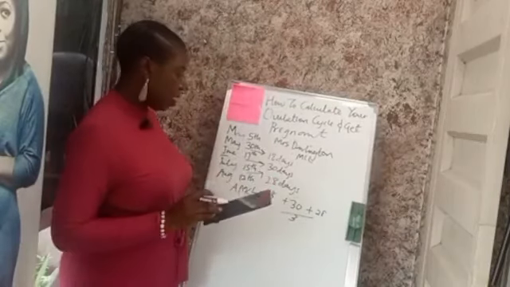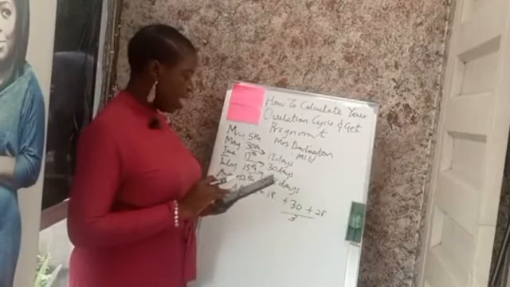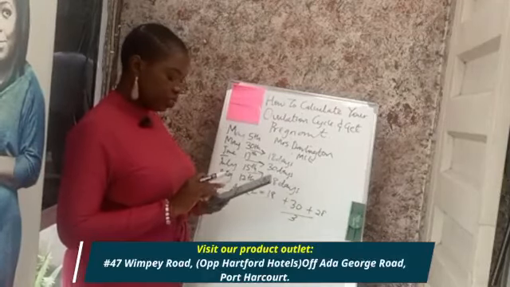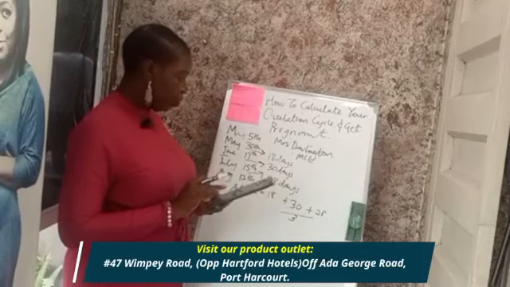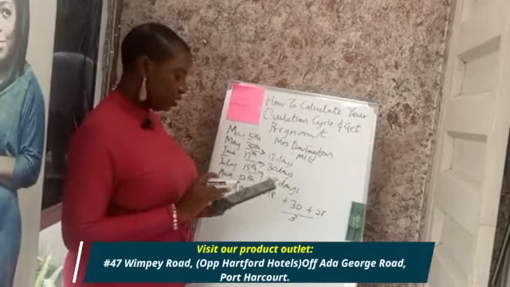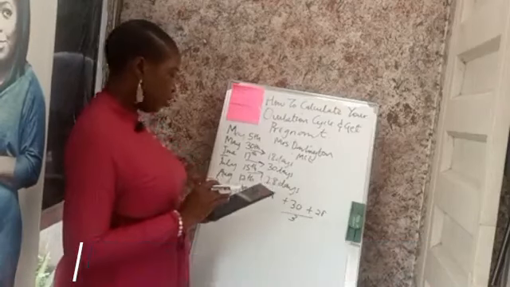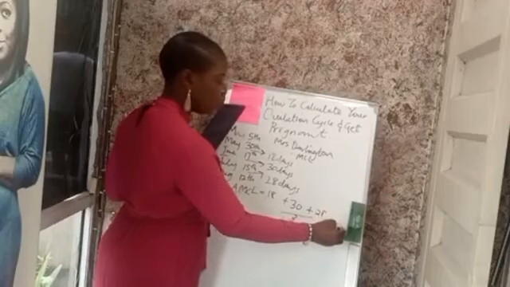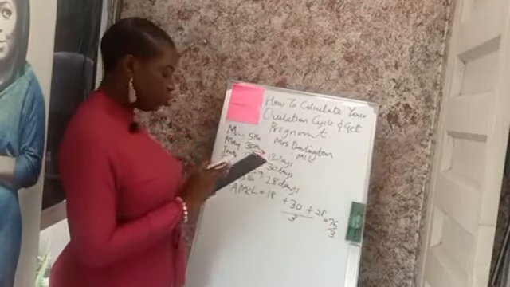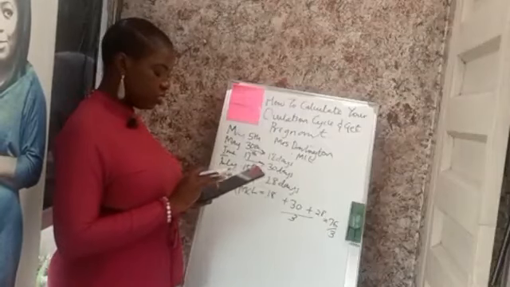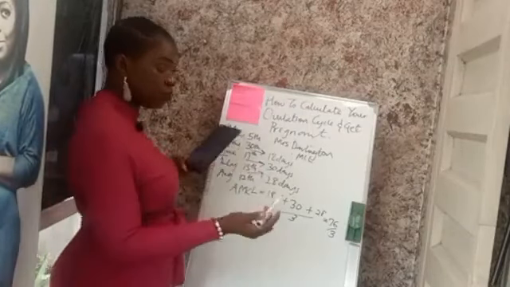Let's go to our calendar. 18 plus 30 plus 28 will give us 76 over 3. 76 divided by 3 is going to give us 25 days.